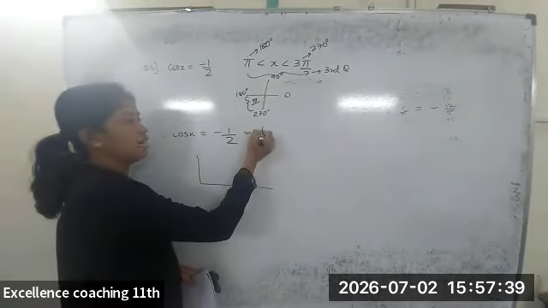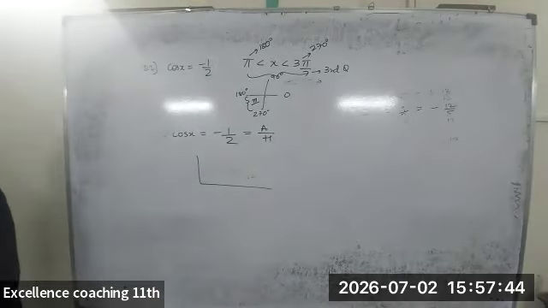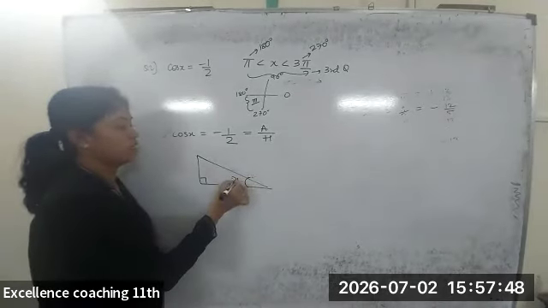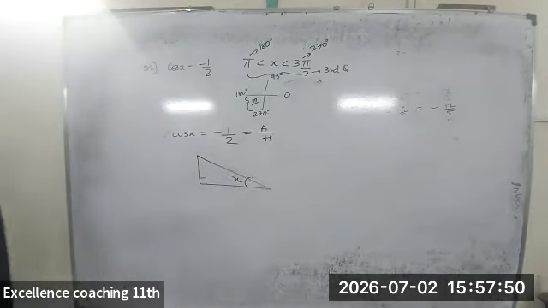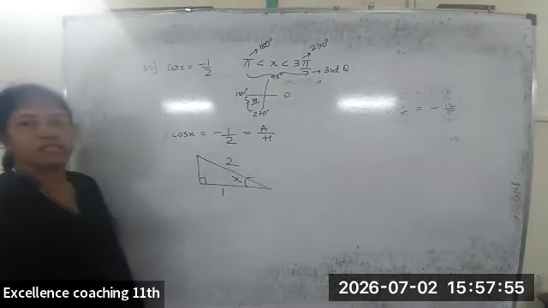Cos means adjacent upon hypotenuse. Draw the right angle triangle, always a right angle triangle only. Now, adjacent is 1, hypotenuse is 2.